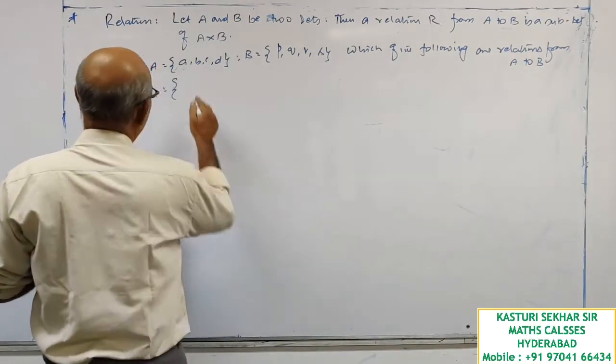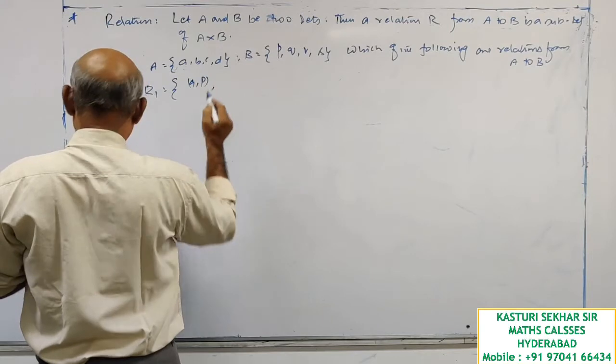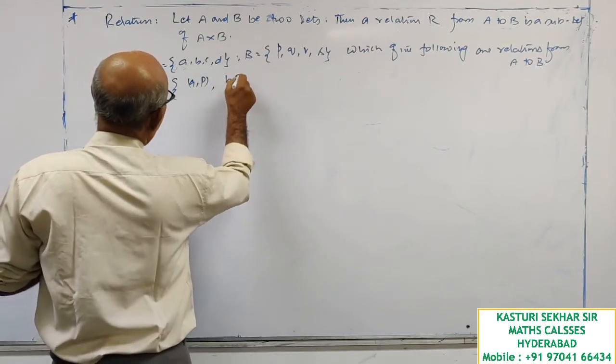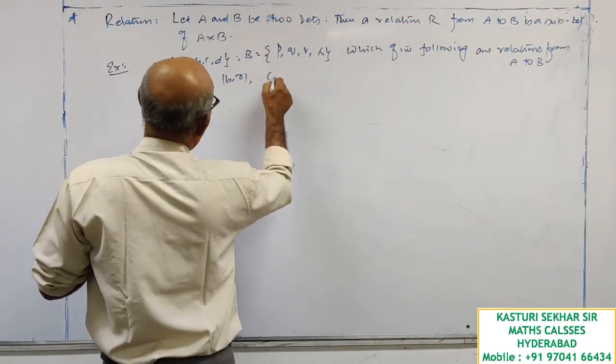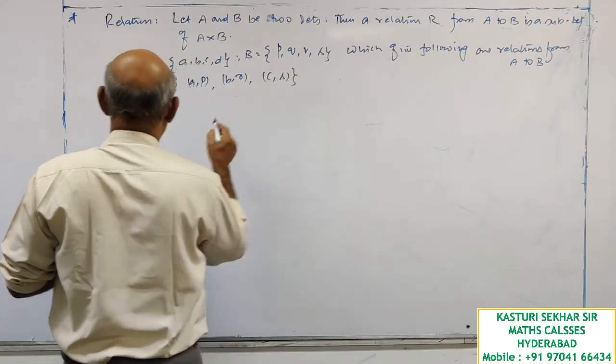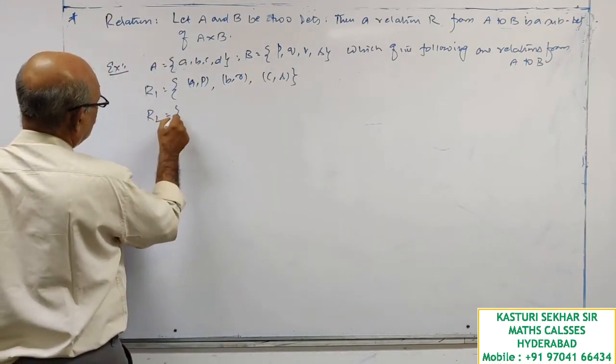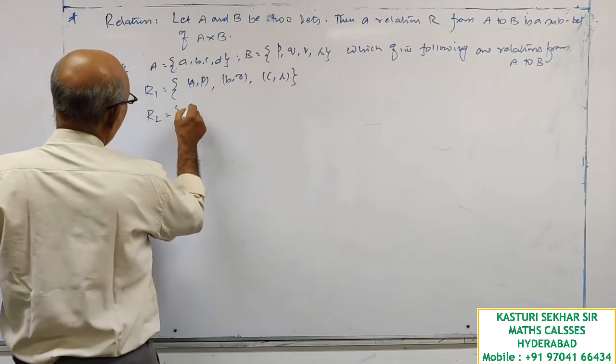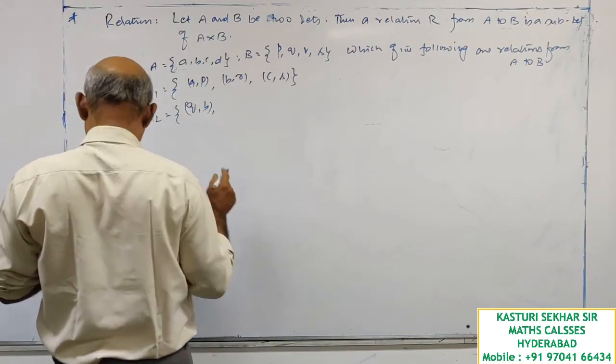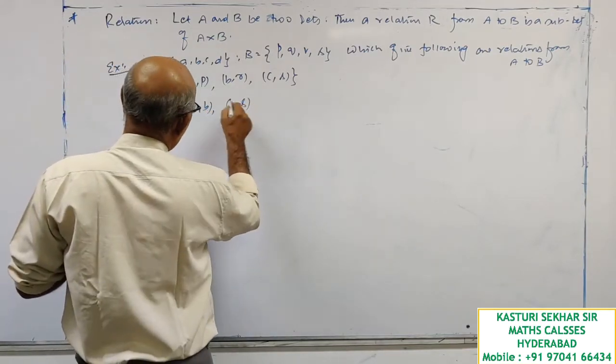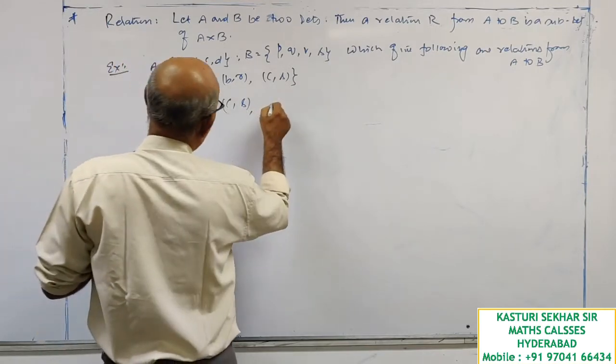So this relation R1 has ordered pairs (a, p), (b, r), (c, s). R2: (q, b), (c, s), (d, r).